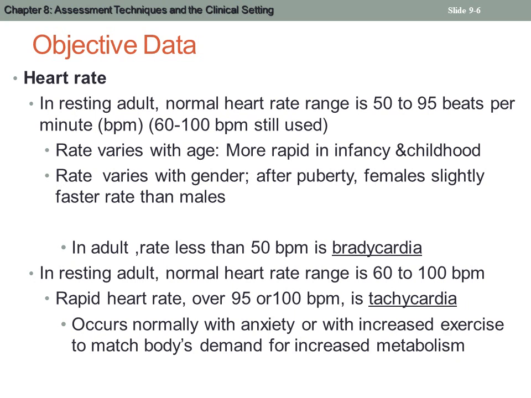I have not seen many places that have converted to that specific number. You still hear individuals using the 60 to 100. However, depending on where you are, just be aware that sometimes normal would be considered anything greater than 50 through 95. Anything greater than 95 would then be abnormal.